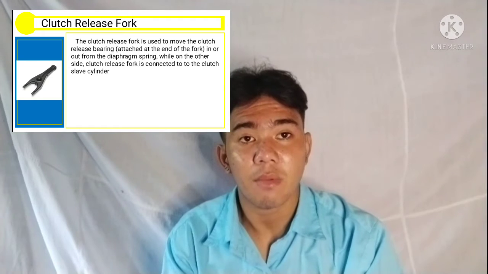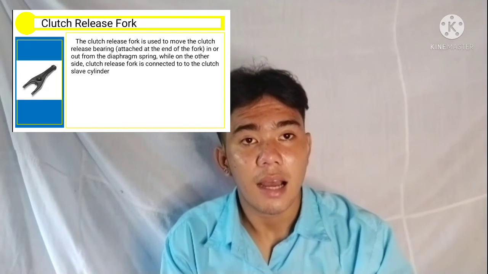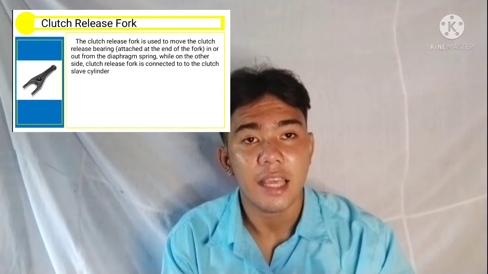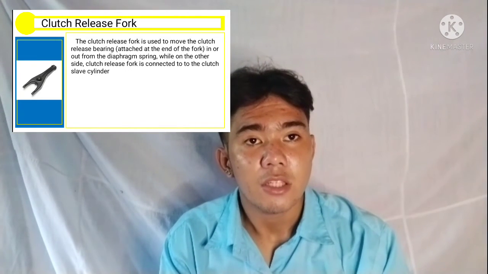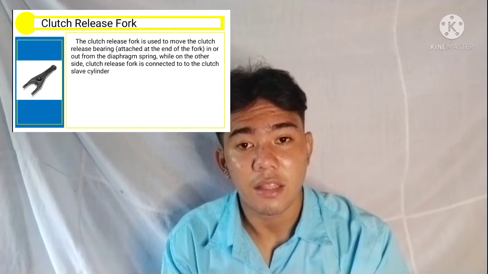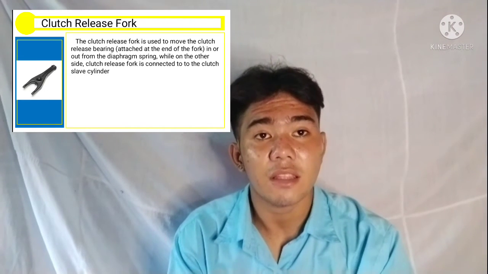There are two types of clutch system: the hydraulic and the cable type. You may see that the clutch release fork is connected to the clutch slave cylinder if it is hydraulic. When it is cable type, it has a cable, not a clutch slave cylinder. So that is the difference of the two.